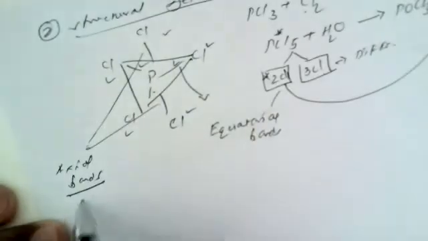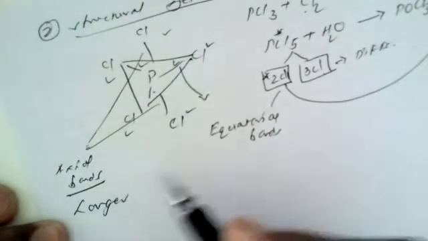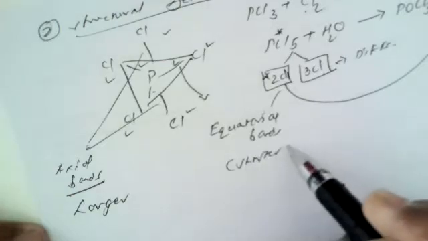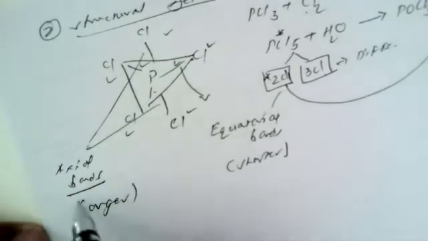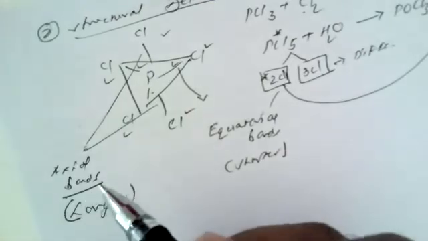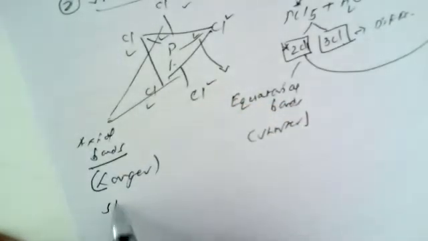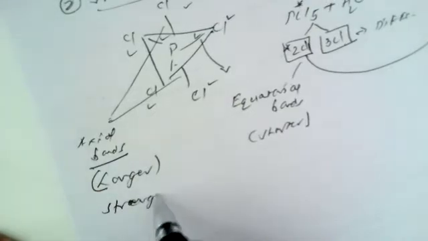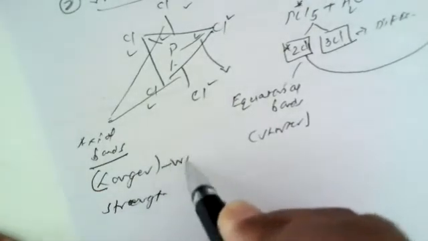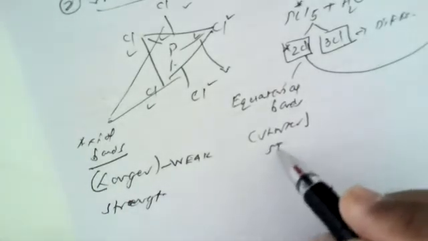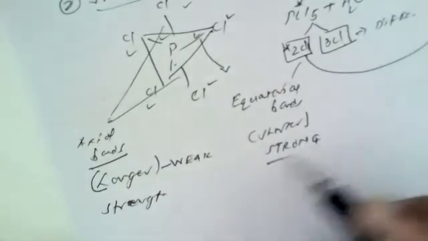These axial bond lengths are longer, while the equatorial bonds are shorter. As per the knowledge of chemistry, as we know, when the bond length increases, the bond strength decreases. That means longer bonds are always weak bonds, while shorter bonds are always strong bonds.